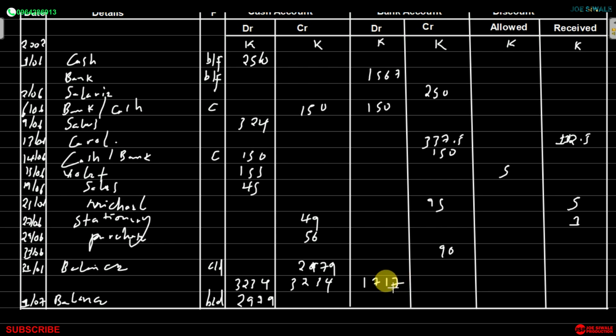So we're going to record it on both the debit side and credit side. Then we'll subtract the total of the credit side from 1,717 so that we can find our balance carried down. So there our balance carried down is going to be 794.5.